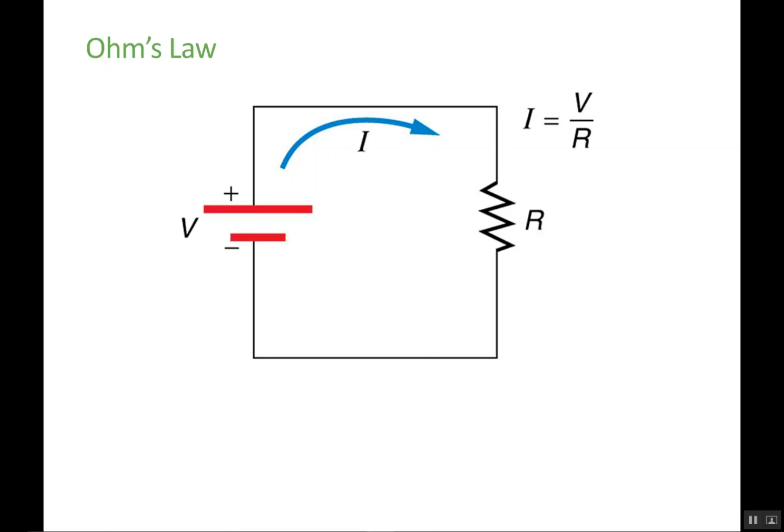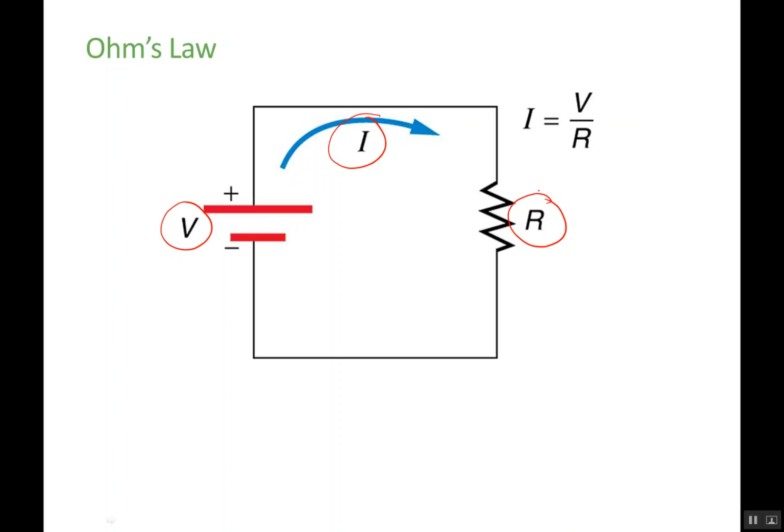Ohm's law is the most important physical relationship to understand when it comes to studying how electric circuits behave. It's fundamental to understanding the connection between these three quantities: voltage, current, and electrical resistance.